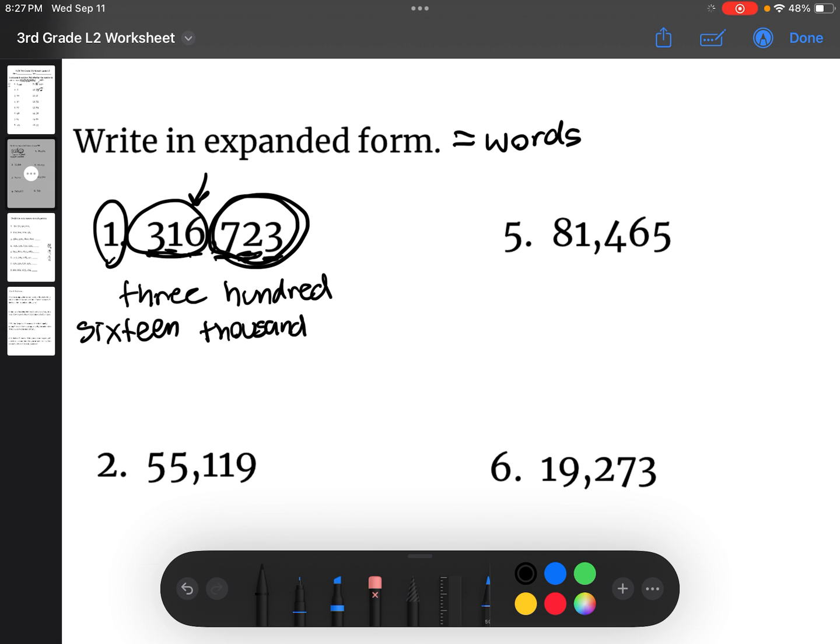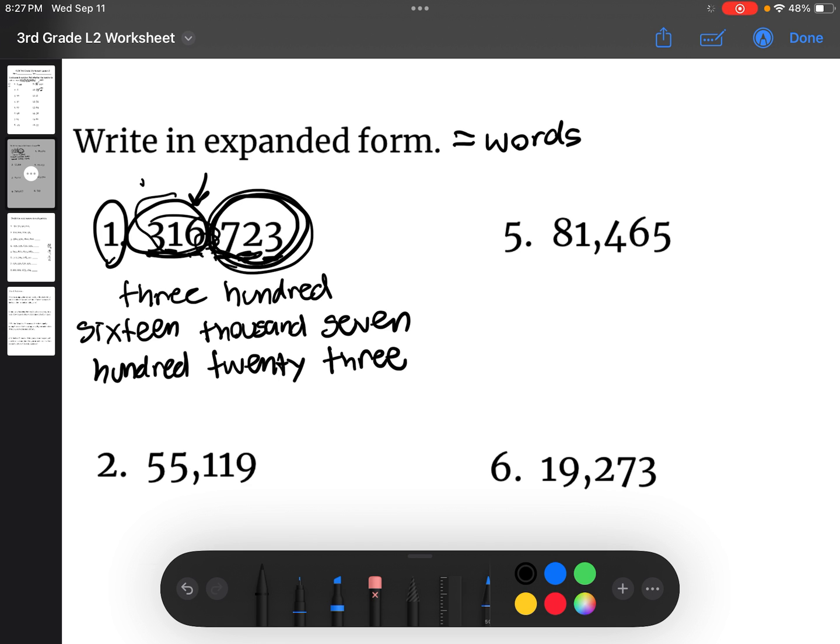So we're going to write 316,723. So we could see here that based off the comma, we could tell this side is the thousands place and this side is the hundreds place. And we just write it down as if they were a group.